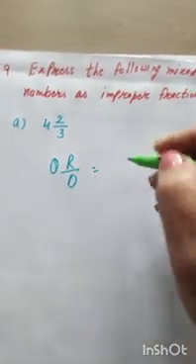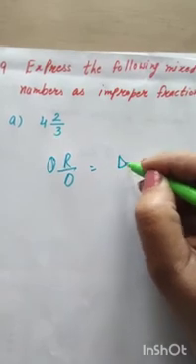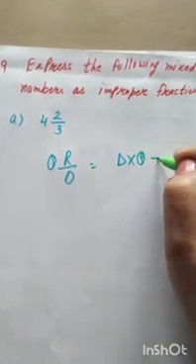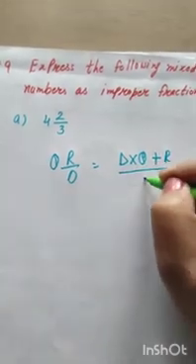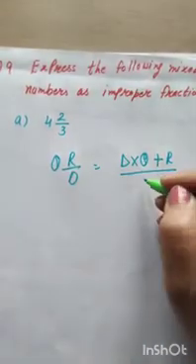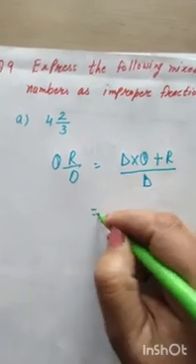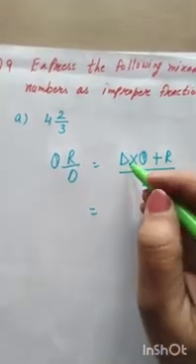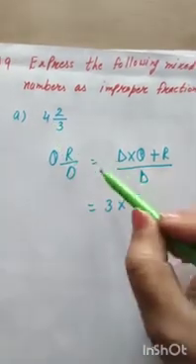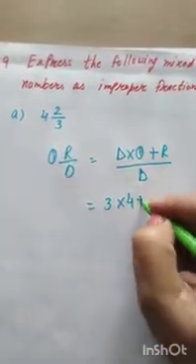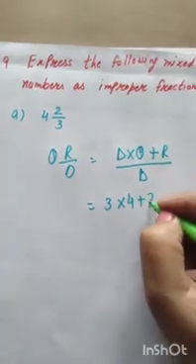To solve that we will multiply D with Q and then add the remainder. And in the denominator we will write the divisor as the same. So here we will solve. Divisor is 3 multiplied by quotient 4, and then plus the remainder that is 2.